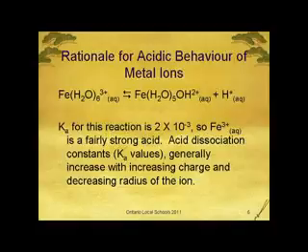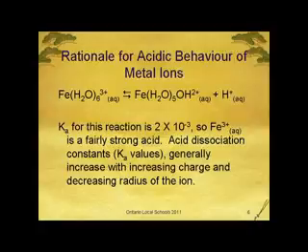So as we continue to look at the behavior of iron 3+, the hydrated iron 3+ in solution, the Ka for this again is 2 times 10 to the negative third. So the iron 3+ aqueous is a fairly strong acid. Remember that acid dissociation constants, the Ka values, generally increase with increasing charge and decreasing radius of the ion.